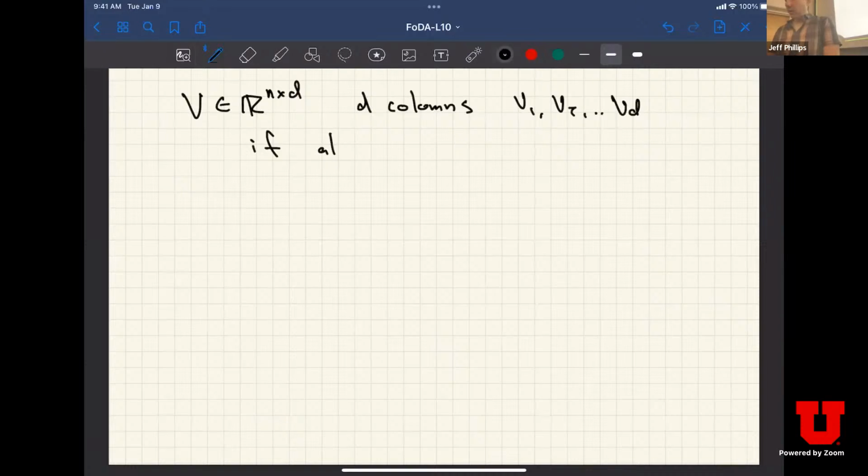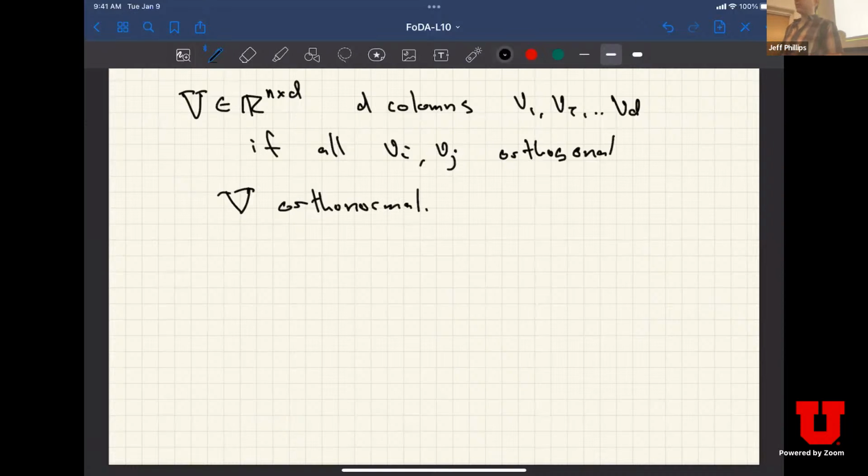If all Vi and Vj in the columns are orthogonal, then I'm going to say that V is orthonormal. Okay, so this is a slightly weaker version of orthogonality.